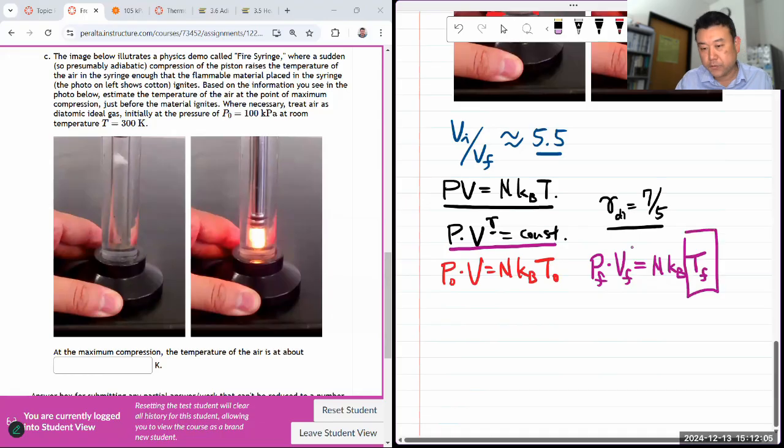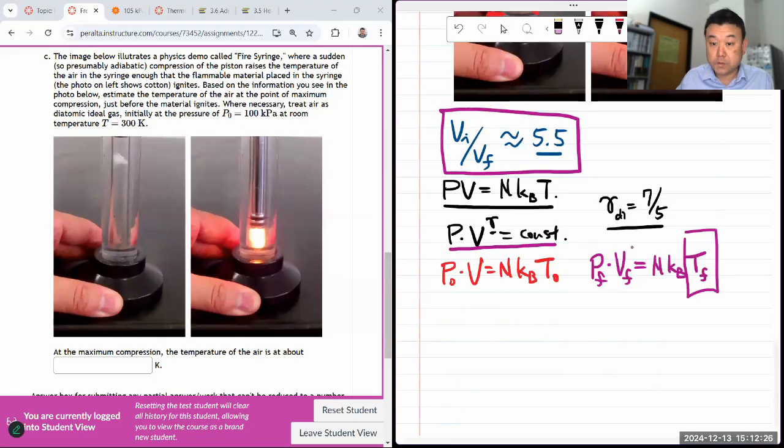This is the one unknown we are trying to solve for, and this is information we have from the picture. So as a first step in eliminating unknowns, we can eliminate V final by rewriting it as V final equal to V initial divided by 5.5.